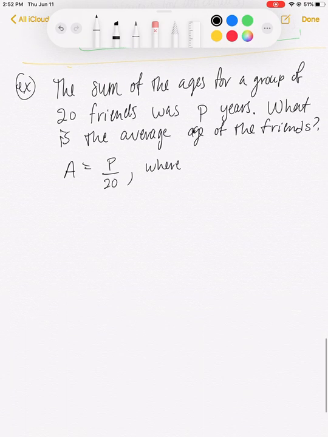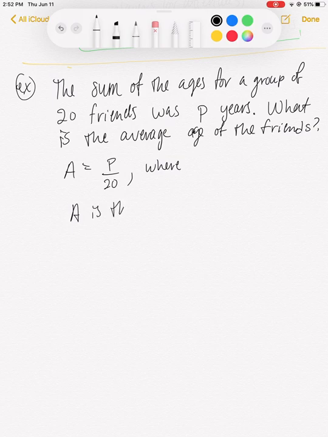So A is equal to P over 20, where A is the average age, and P is the sum of their ages in years. So A is the average age of each friend. P is the sum of their ages in years.